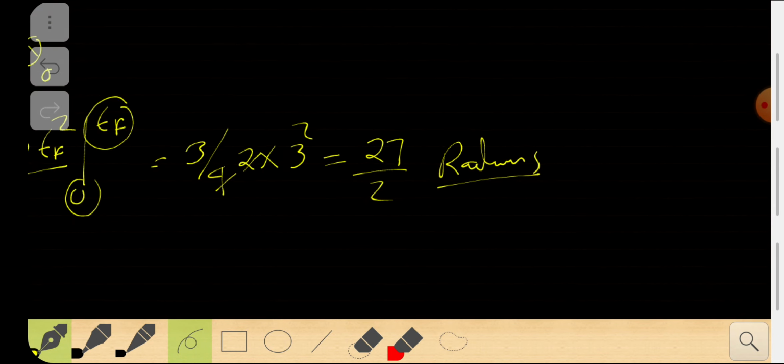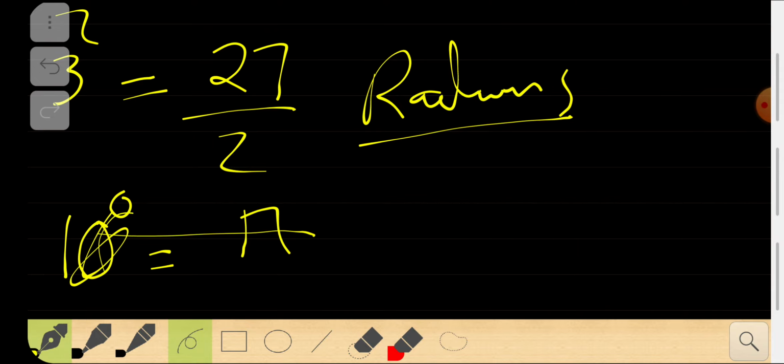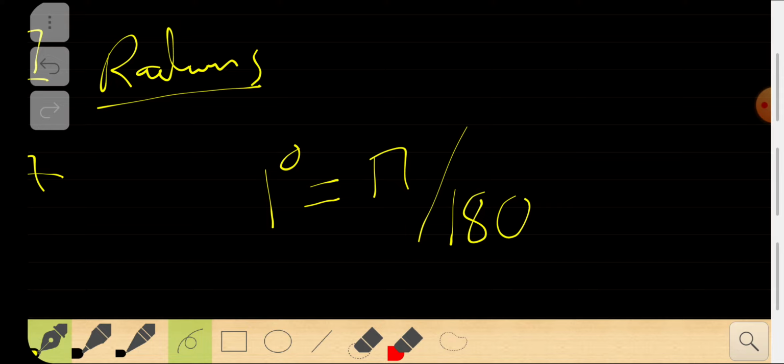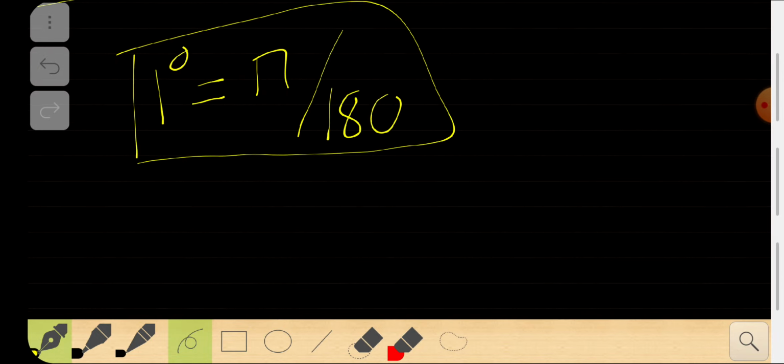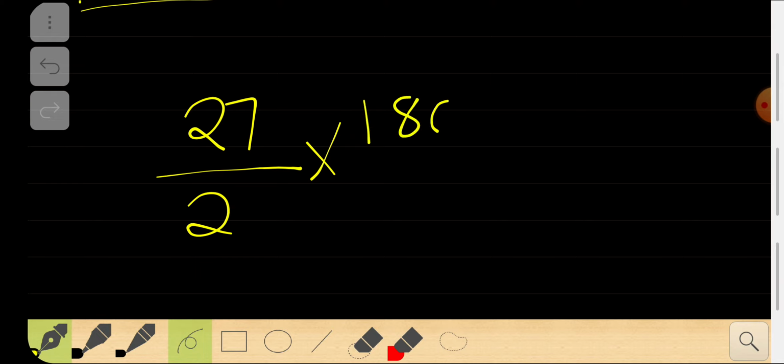So what is this angle? This is in radians. Now let's find out what this angle is in degrees, right? So 1 degree will be equal to pi by 180 radians. So all you have to do is multiply 27 by 2 radians by 180 by pi, right?